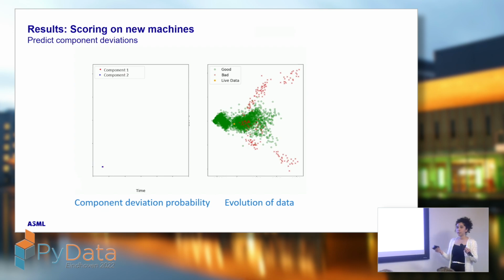Red means that the machine might need maintenance, and green means that the machine maybe doesn't need any maintenance. And on the right side, you see component 1, which represents the red area, and component 2, which represents the green area, and they will show you the risk probability of either the red or green area. So now I want to pause for a video.